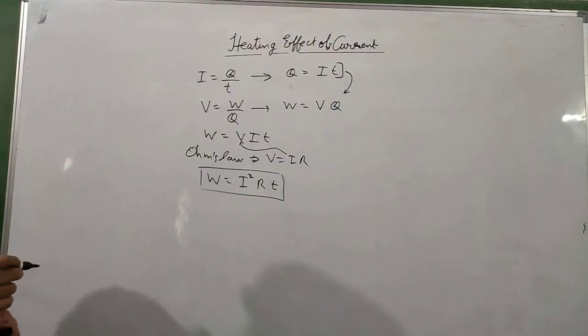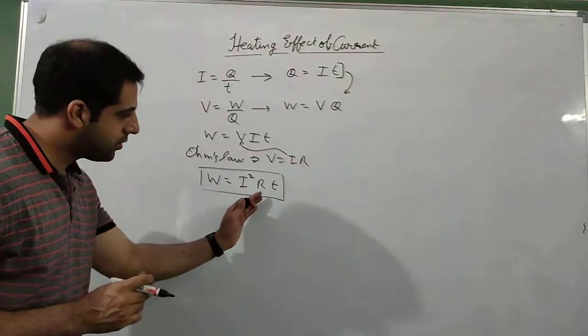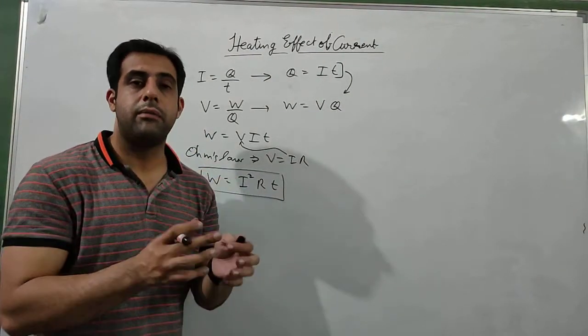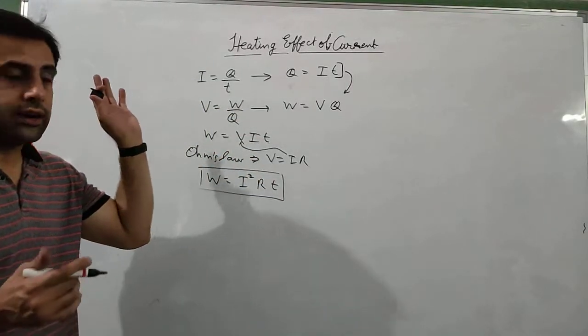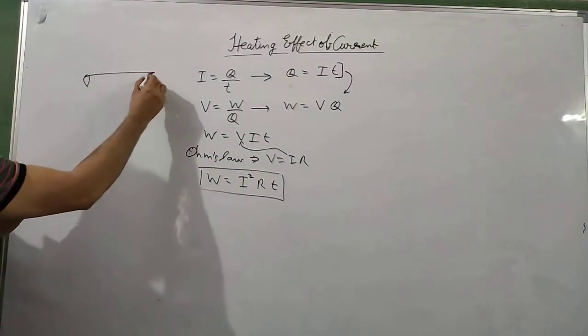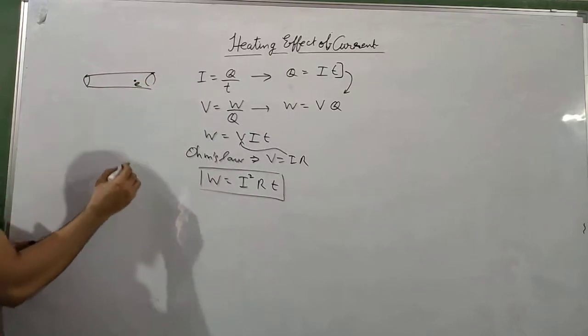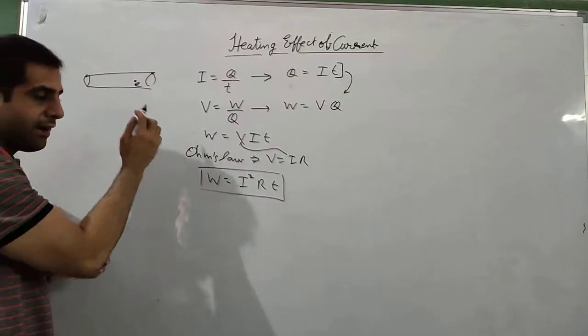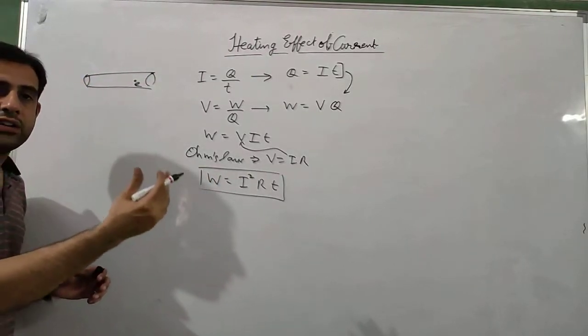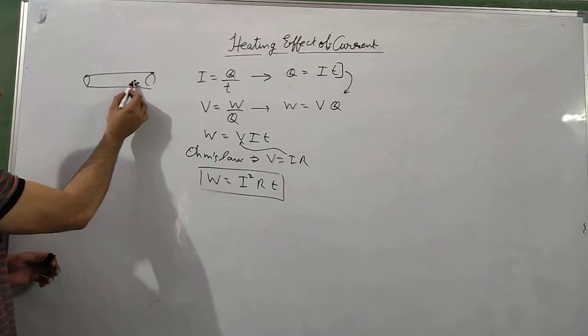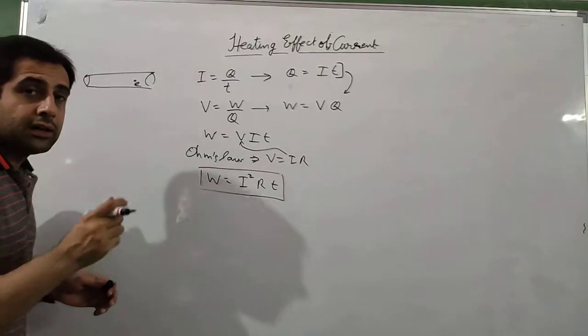How is the work done equal to the heating effect? If this much work is done, then this work will be stored in the form of energy in the electron in the conductor. The work done will be converted into energy, and that energy will be given to this particular electron by the battery.